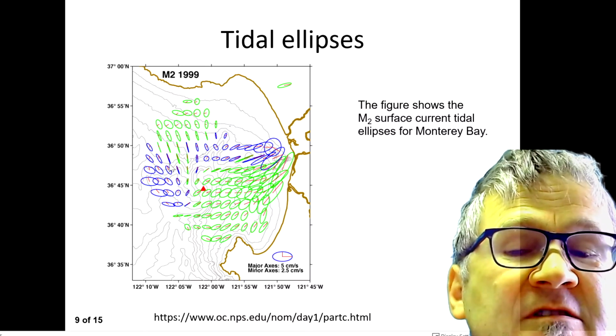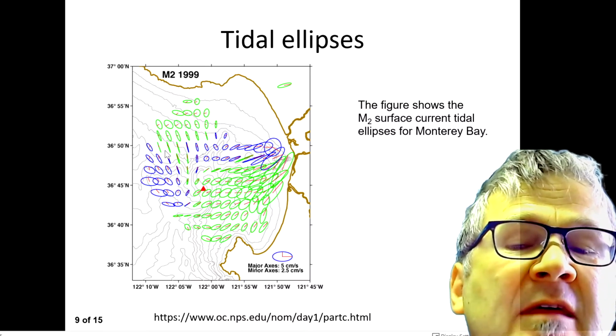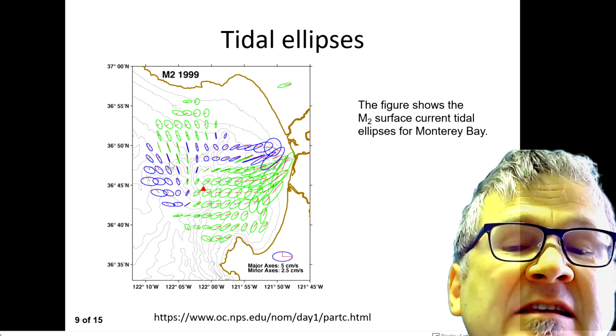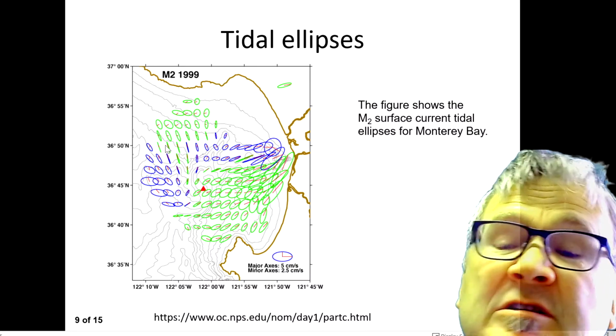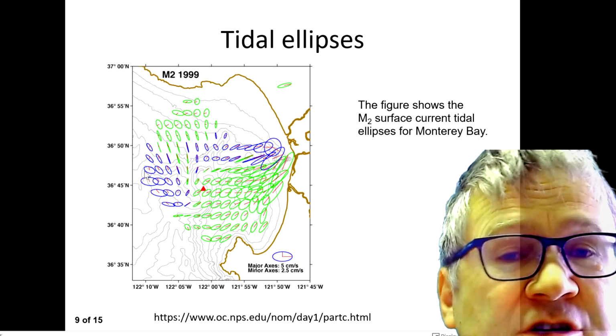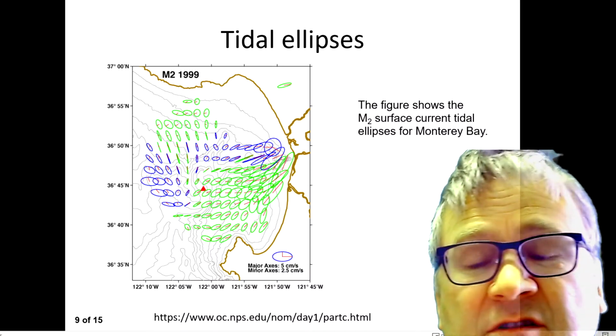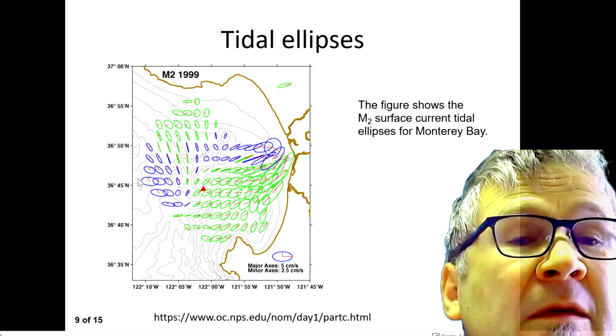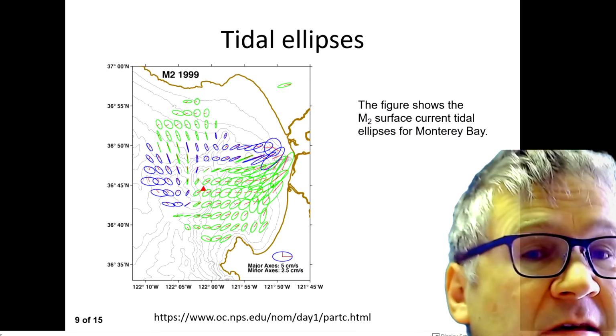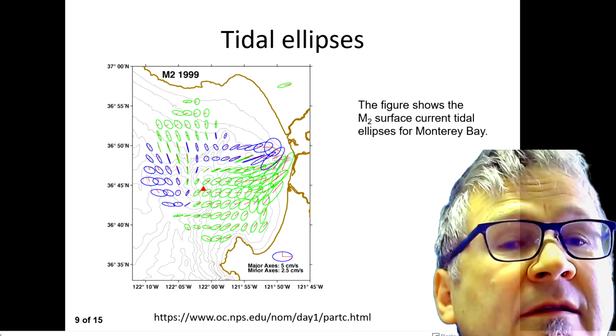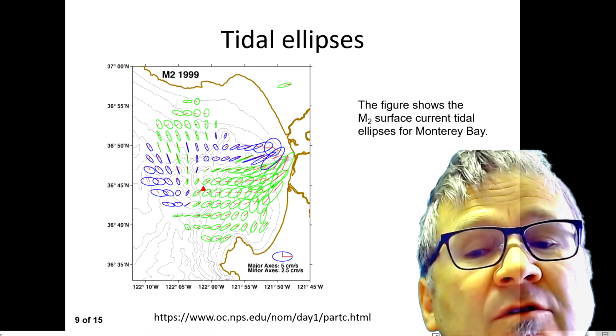So the flow moves northwestward and then southeastward. Okay, and it changes all the time. It's an oscillation. It goes back and forth. So you can even imagine that if you have a particle in this flow, it goes into one direction and then back, and so on.